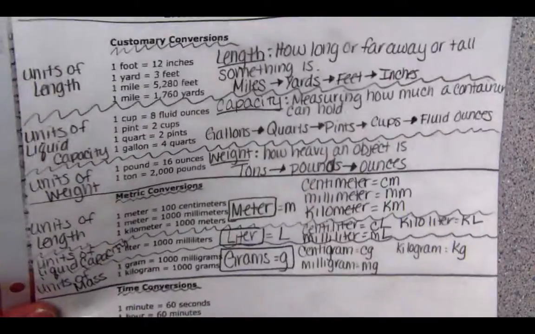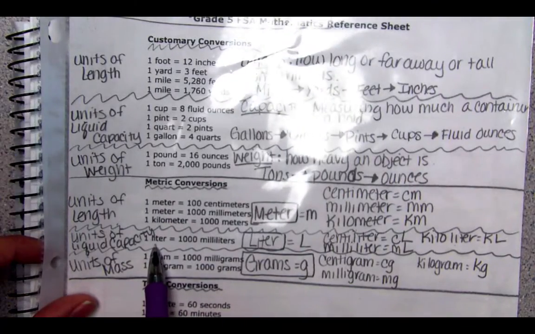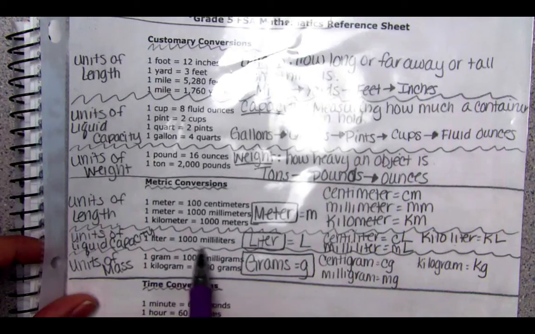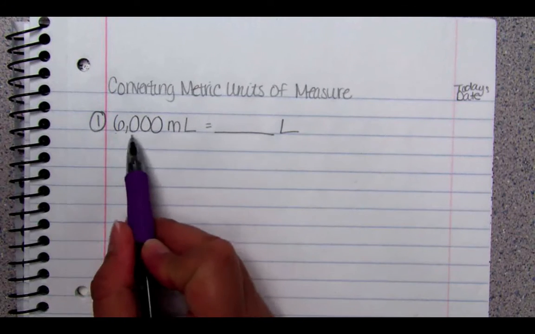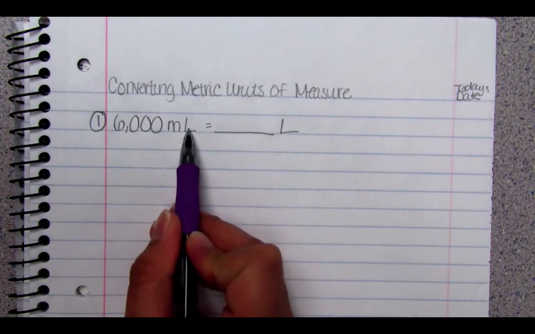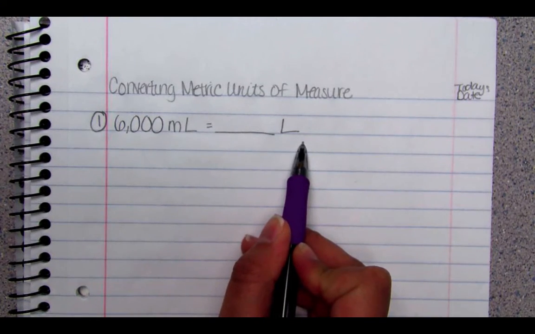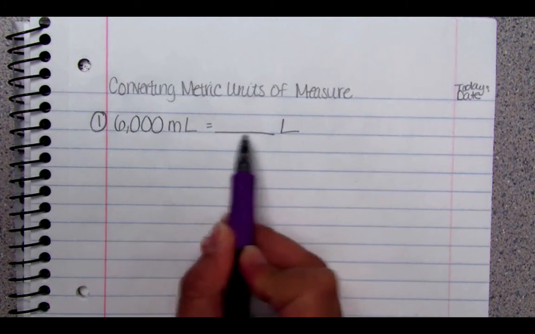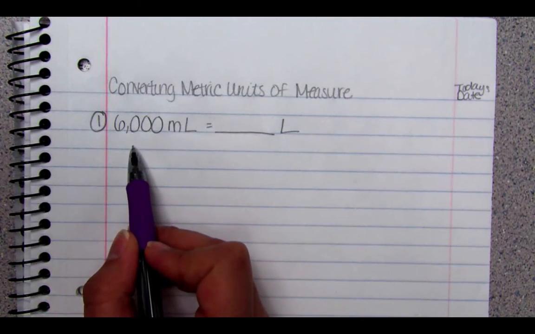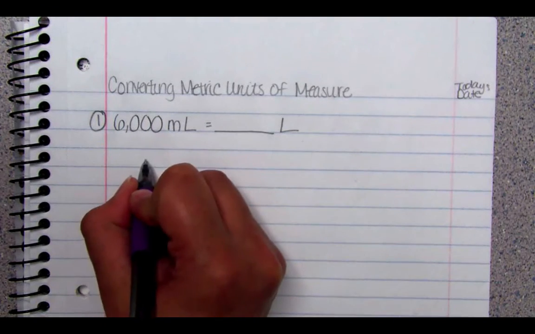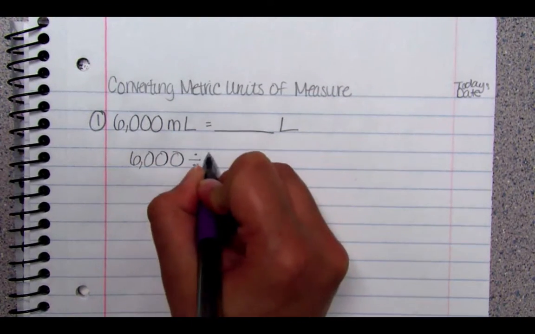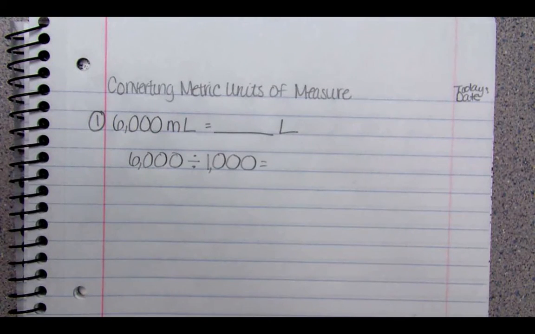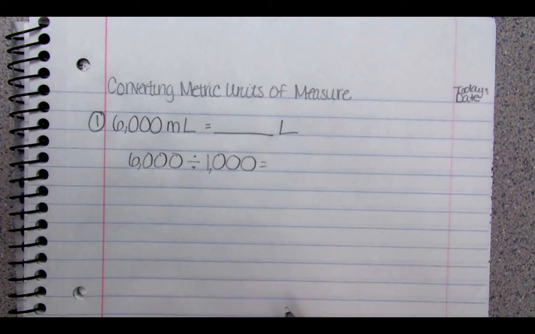So here it says 1 liter is the same as 1,000 milliliters. Well, we're trying to change 6,000 milliliters to liters. So if 1 liter is 1,000 milliliters, we need to divide 6,000 divided by 1,000. Now remember, we don't have to sit here and divide out all those zeros. We can just move our decimal points around.